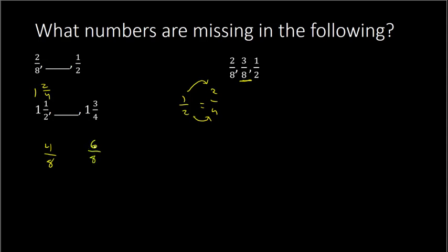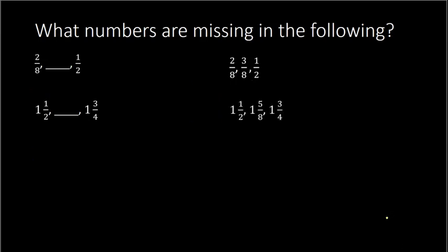So basically multiply the top and bottom by 2 to get the 8 on the bottom. So we have 1 4 eighths, or 1 1/2, and then 1 6 eighths, or 1 3/4, and the blank in between. Well, what's between 4 eighths and 6 eighths? That's going to be 5 eighths, right? So our number is going to be 1 5 eighths. That is the number in between those two fractions.